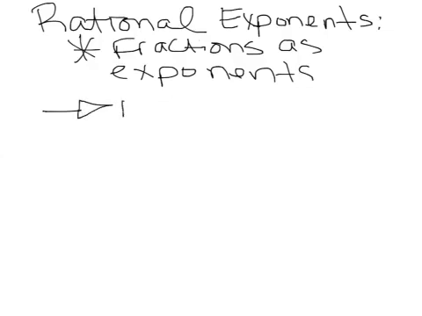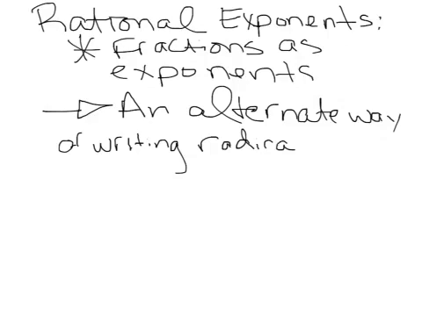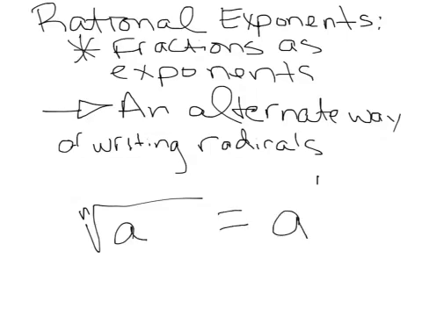They really are just an alternate way of writing radicals. Okay? So, if you are taking the nth root of A, it is the same as raising A to the 1 over n power. So what happens is your index becomes your denominator.